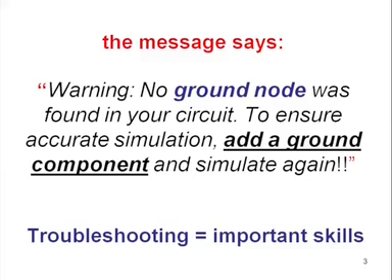We didn't ground the circuit, so that's why it didn't work, because it was a hanging circuit. You have to ground it. So the conclusion is, even for a very simple circuit, when you build it, you have to troubleshoot. Troubleshooting is an important skill when you're starting electrical engineering.